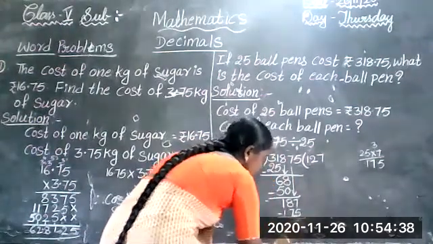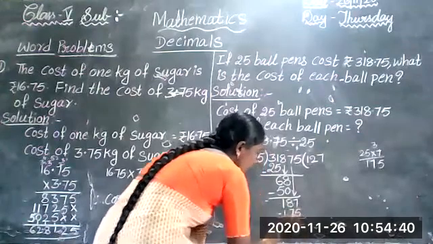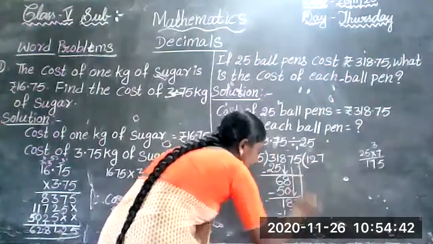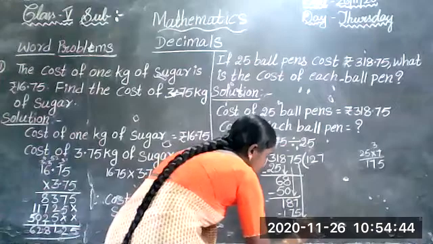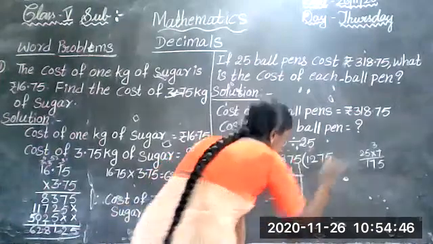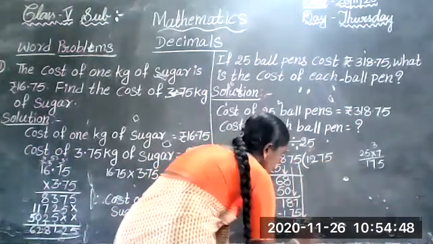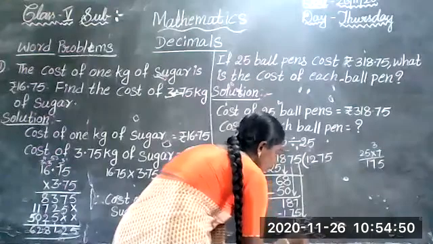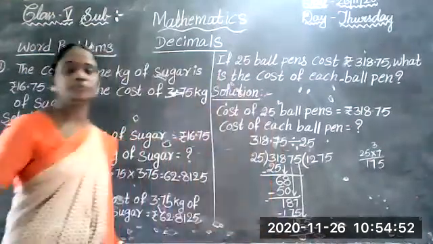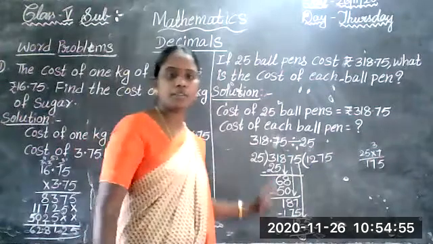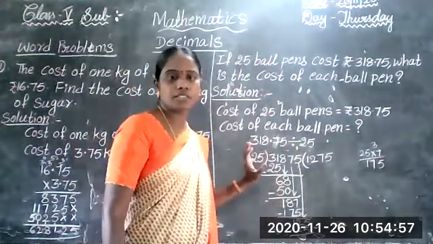Next, 7 minus 5 is 2. 8 minus 7 is 1. Take the next number, 5. 25 5s are 125. 125 minus 125 is 0. Okay, 125 minus 125 is 0, children.